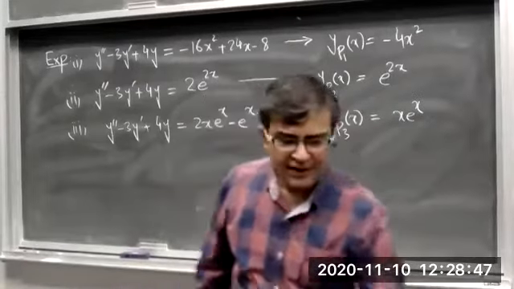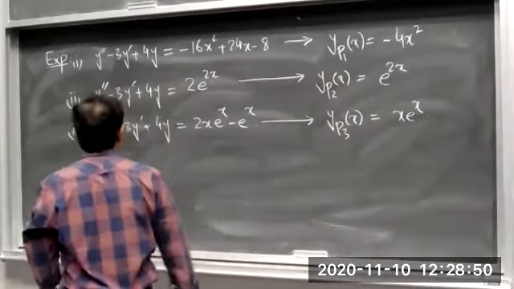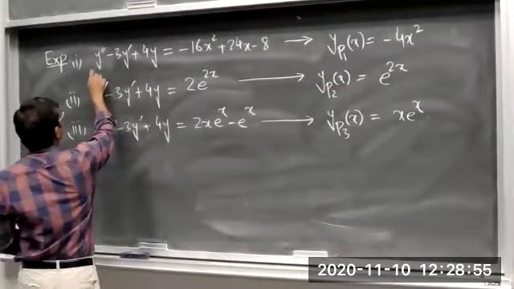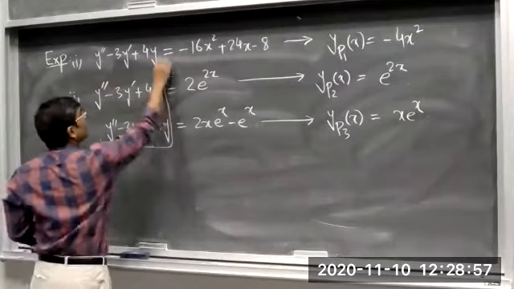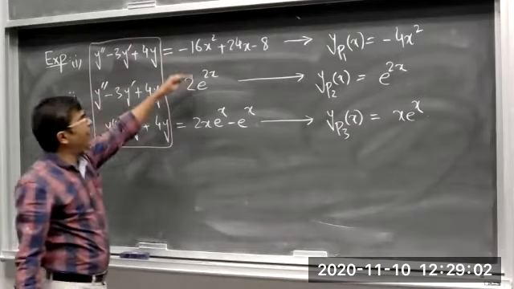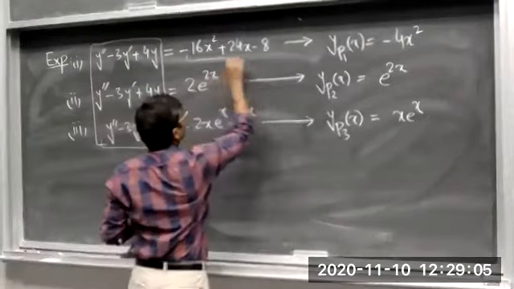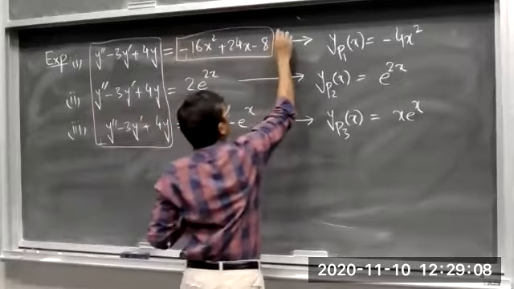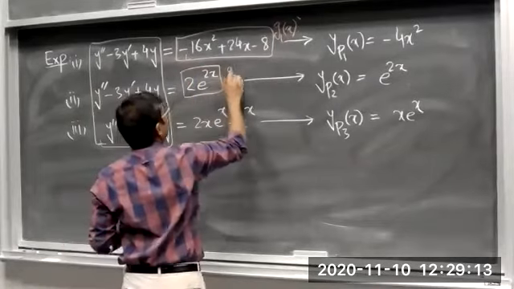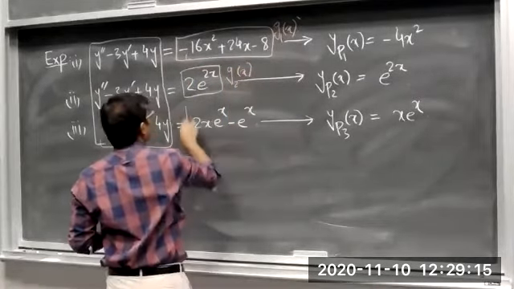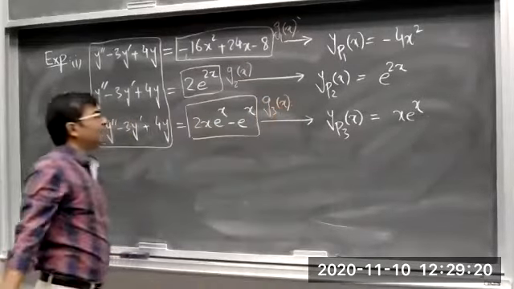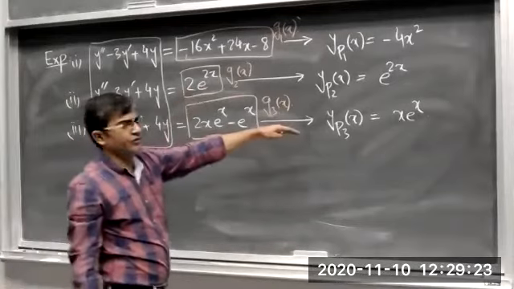Now we have 3 differential equations and 3 particular integrals. But note that the left-hand side in all these 3 differential equations is same. Only the right-hand side is different. So this we call g1 of x. This right-hand function, we call it g2 of x. And this function, we call it g3 of x. Then we have 3 particular solutions.